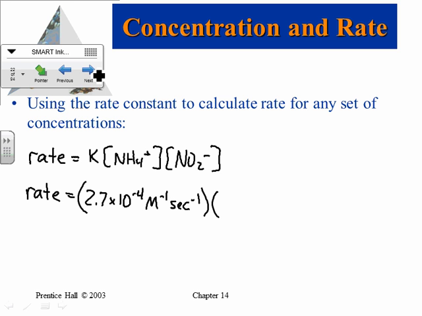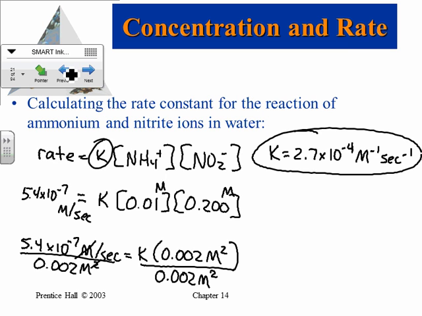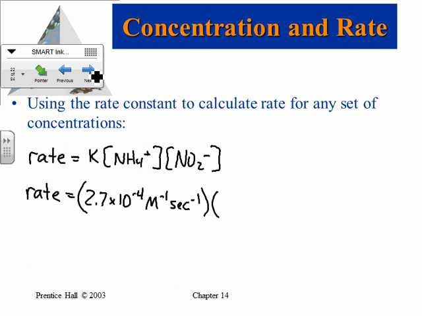And multiply that by these two concentrations, which I said I was going to try 0.01 for both of them. It doesn't really matter, I'm just arbitrarily picking concentrations because I want to see what the rate is at those concentrations.